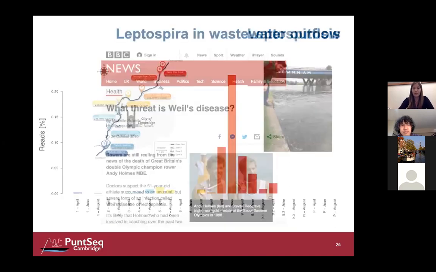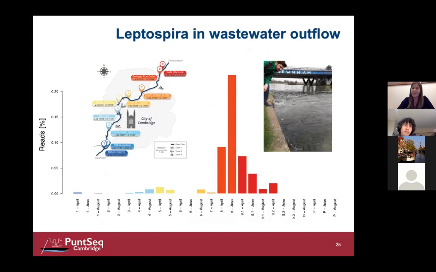So firstly, I looked at the spatial distribution of the Leptospira reads that we find. And you see here that the peak is at sample 8, just the April and June samples, and you still see the signal a little bit downstream at sample 9. Sample 8 is exactly at the location where we have the sewage pipe outlet.